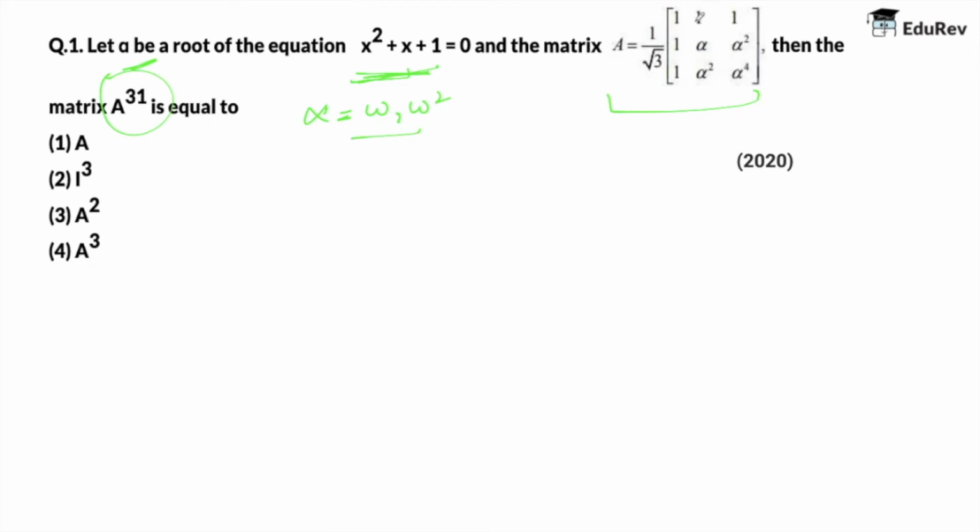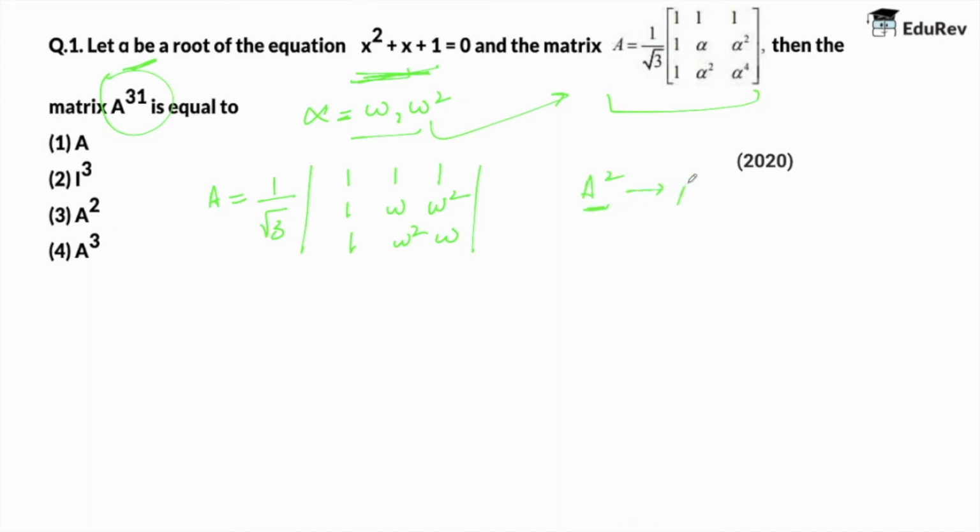What I'm going to do now is substitute omega and omega square into matrix A. So it's simply going to be A equals 1 by root 3 into the matrix [1 1 1; 1 omega omega square; 1 omega square omega]. Now we need to find what A square is.